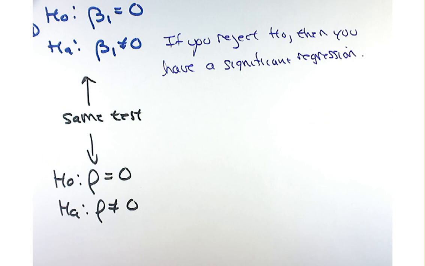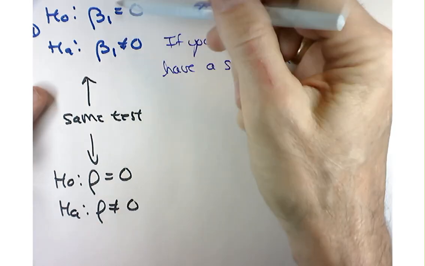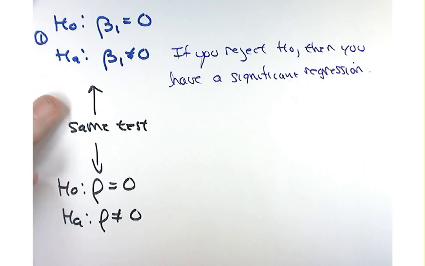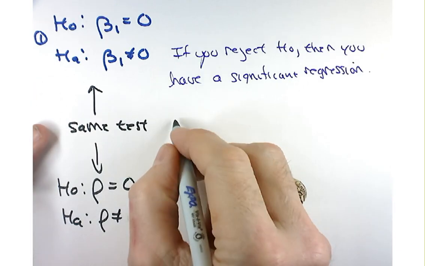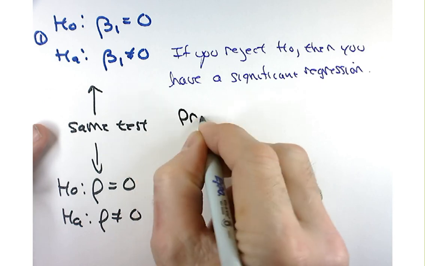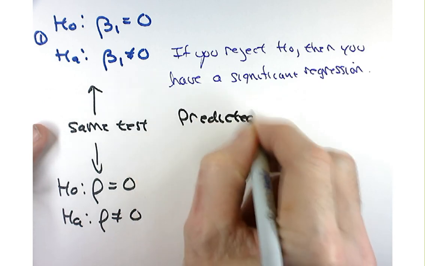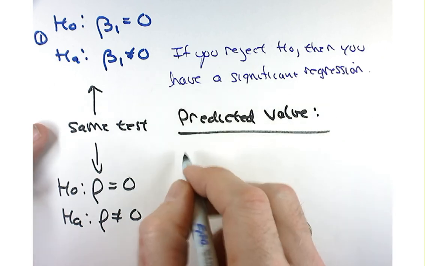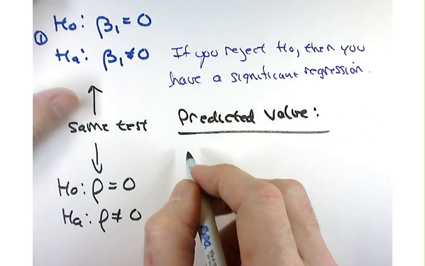Now, as far as your predicted values are concerned, whether or not you reject h0 is going to make a difference as to what you're going to do for your predicted value. So there are two different possibilities here.